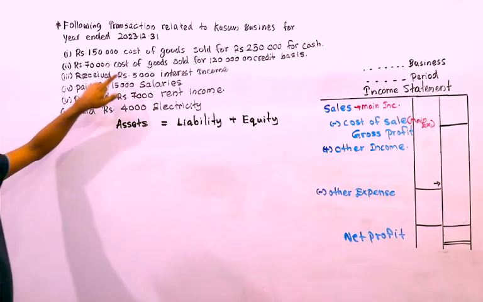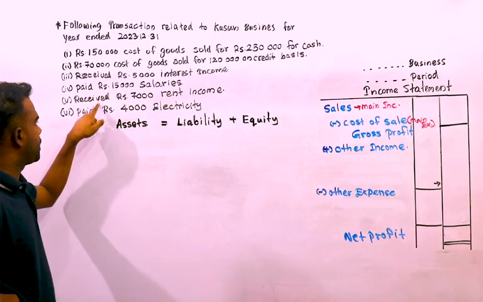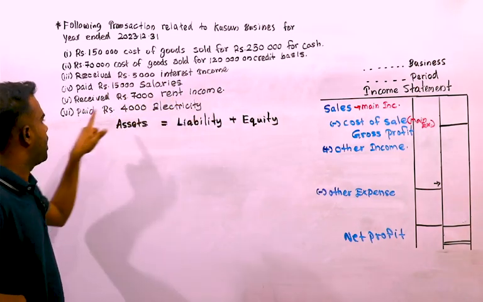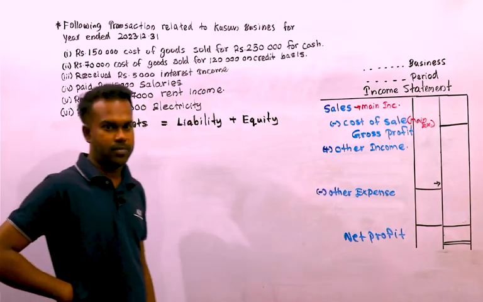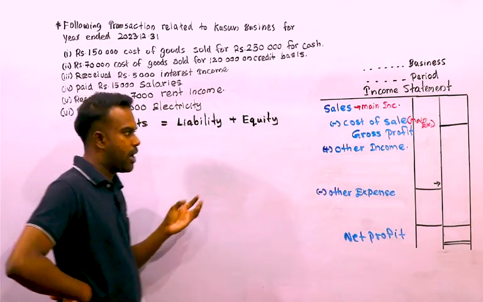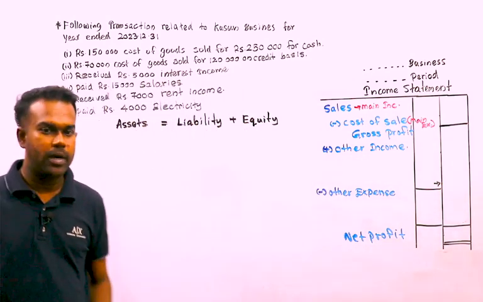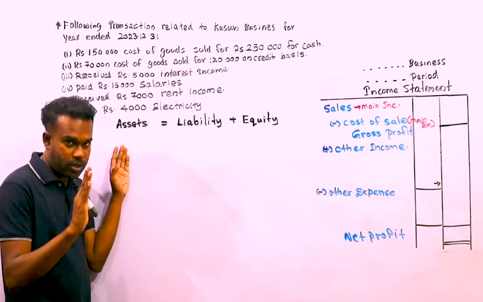Next, received 5,000 interest income, paid 15,000 salaries, received 7,000 rent income, and paid 4,000 electricity. Firstly, we have to record under the accounting equation. Then we have to prepare the income statement, right?